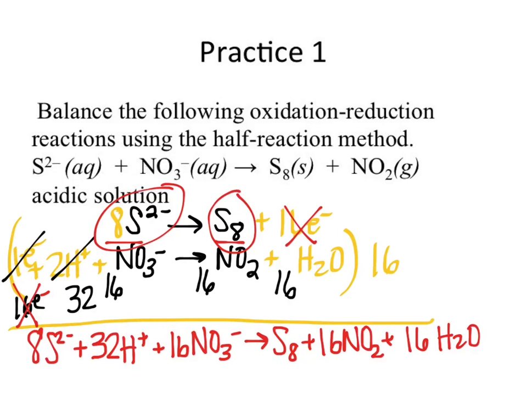Then we do the next one, the NO3s. We balance the N's, which they are. You balance the O's, so by balancing the O's, we need to add water to the product side. Now my O's are balanced. Now I need to balance my H's. I have 2 H's on the product side, so I put 2 H pluses on my reactant side. Then I look at my electrons.